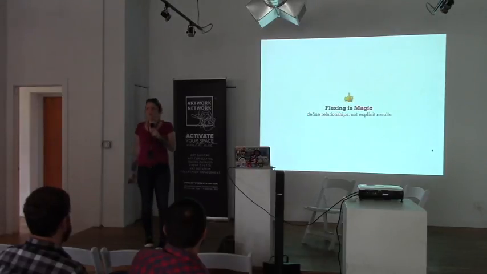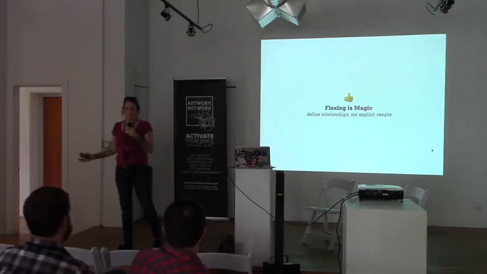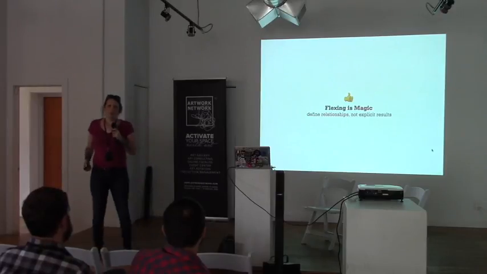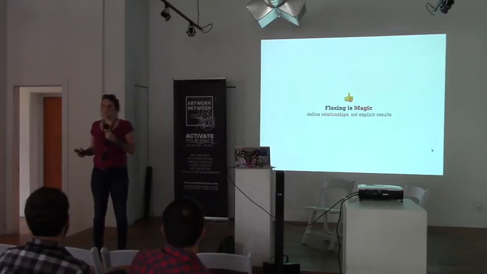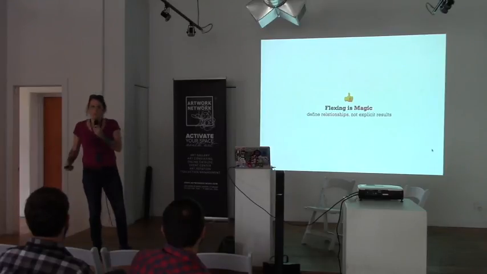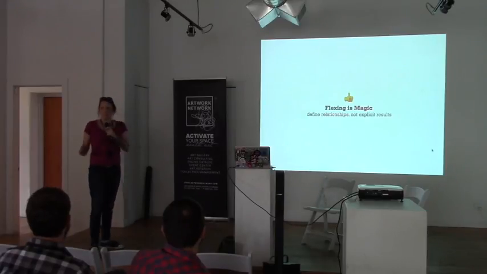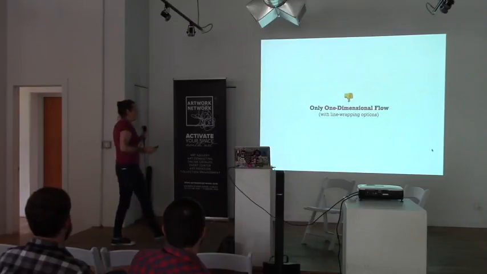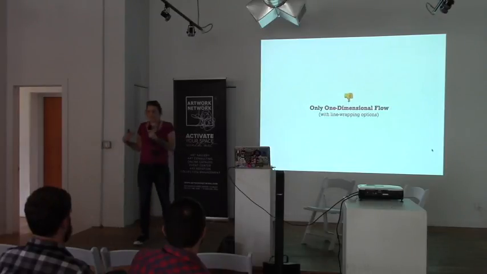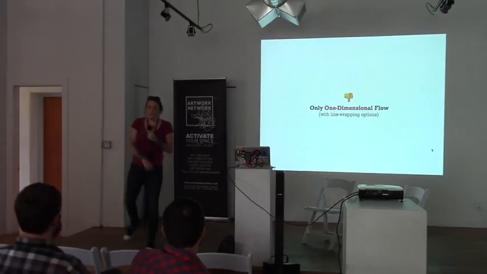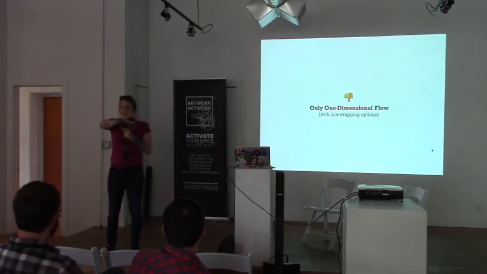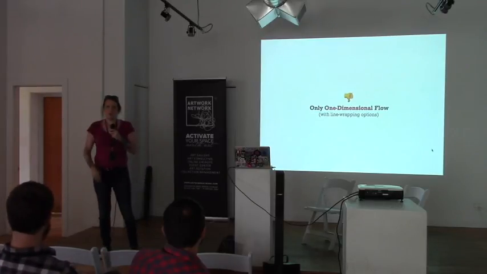Flexing is definitely totally magic, and you should definitely be using it. It really is a replacement for floats in almost every situation that you were using floats, except the places where grid is going to take over. So the main downside is that it's still one-dimensional. What I mean by that is the flow still either goes left to right or top to bottom.